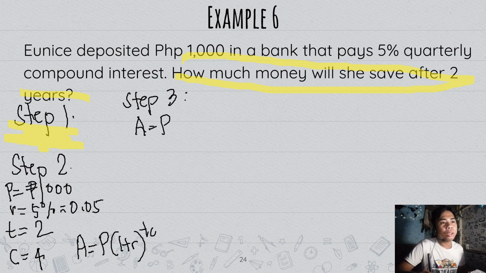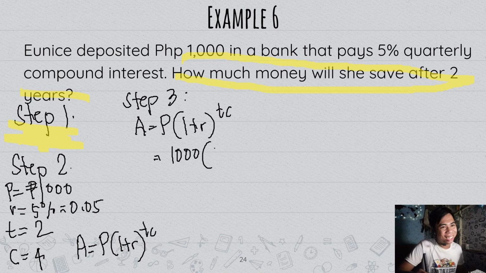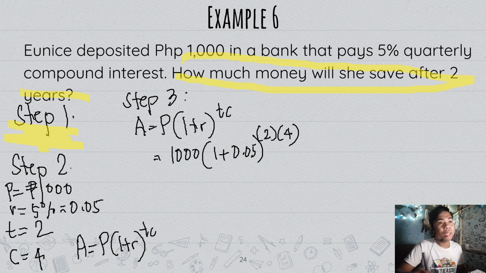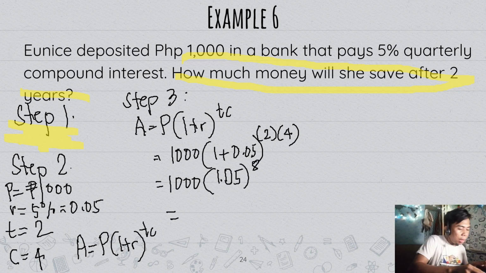So substitute: we have 1,000 pesos times 1 plus 0.05 raised to 2 times 4. So we have 1,000 times 1.05 raised to 8.